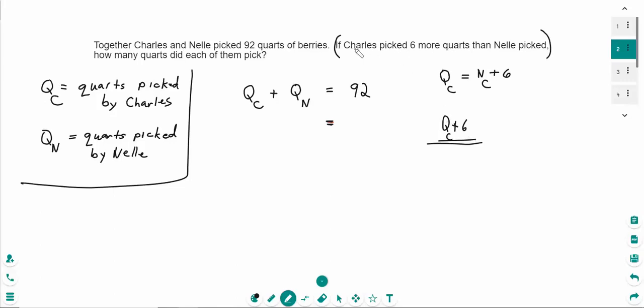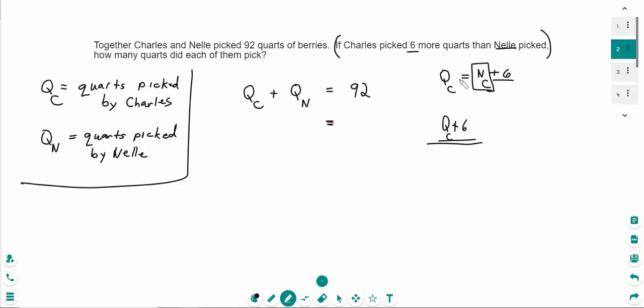This is saying you're taking Nell's and adding 6 more to it to get to Charles. Does that make sense? Because Charles picked 6 more quarts than Nell picked. So he picked everything that Nell picked plus 6 more. And that's what this first equation is saying. Charles's quarts are all of Nell's quarts plus 6 more.